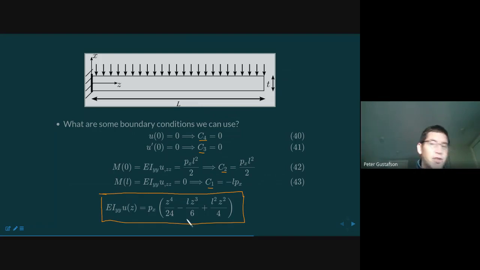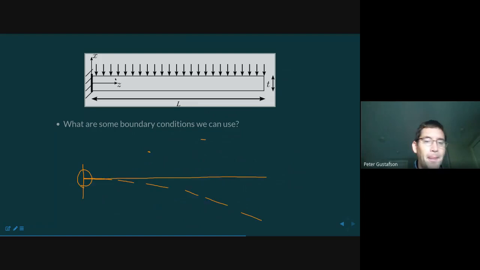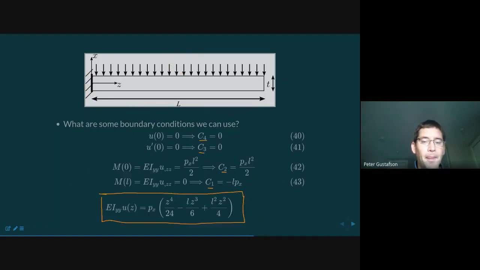Anybody have a suggested sanity check for me? Nobody wants to suggest a sanity check? So Tyler suggests the maximum deflection should occur at L. That's a great sanity check.